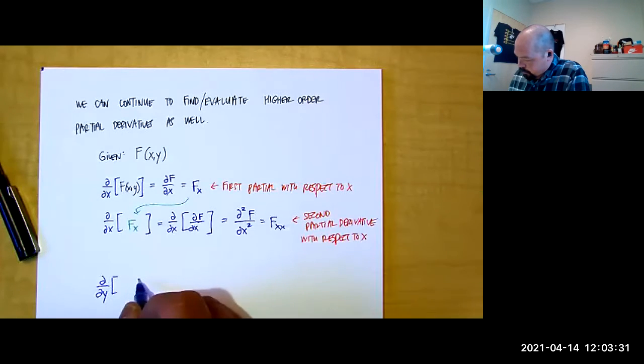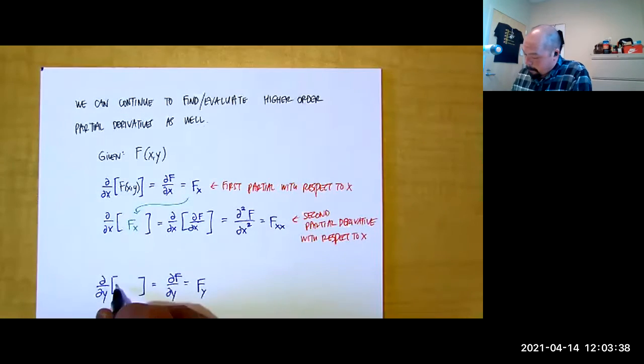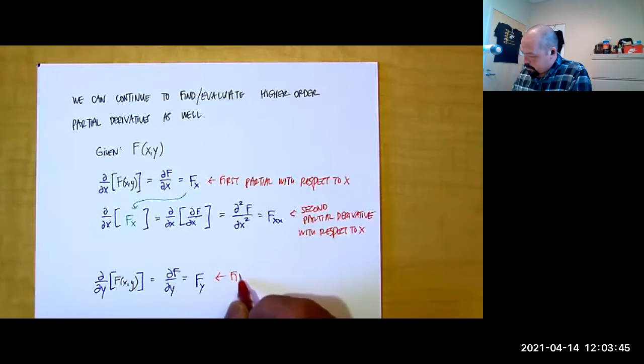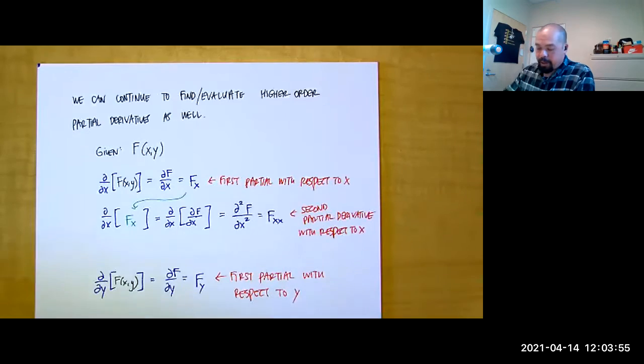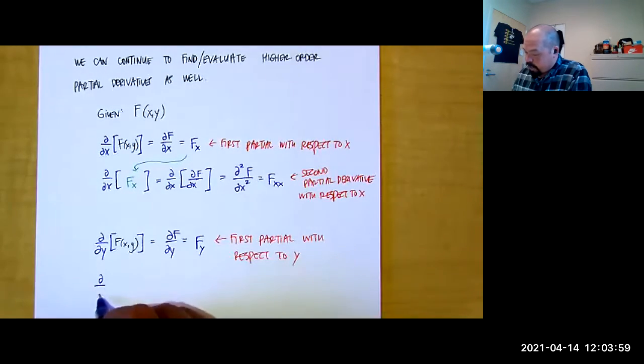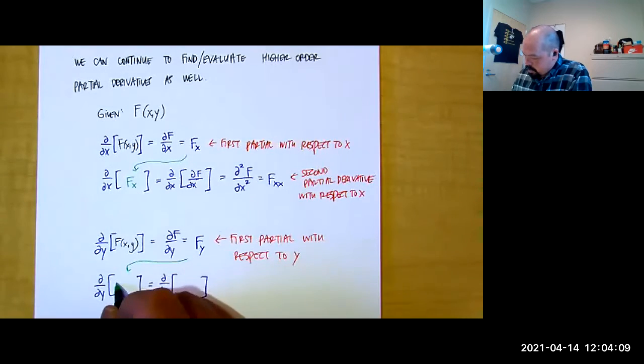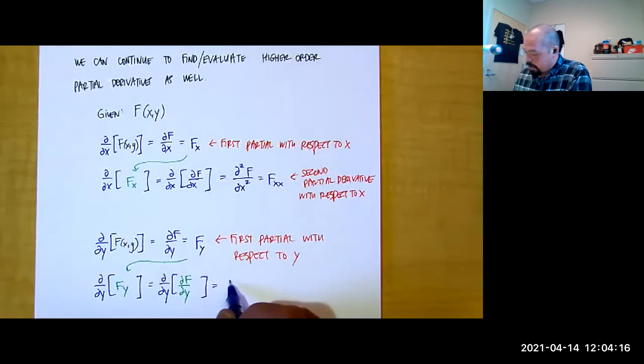with respect to y, jumping to my notation, all right, we can take our partial with respect to y, then taking the partial derivative again with respect to y of that result, let me put it that way, where we're going to get d squared f over dy squared.